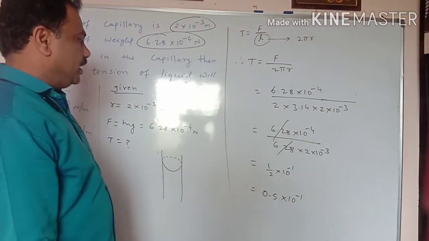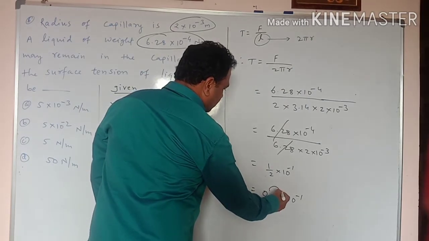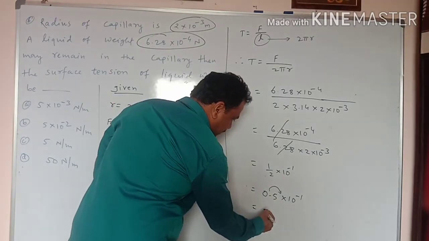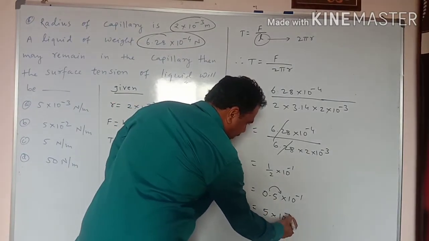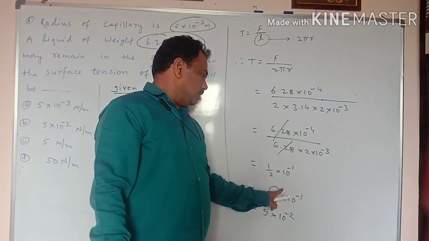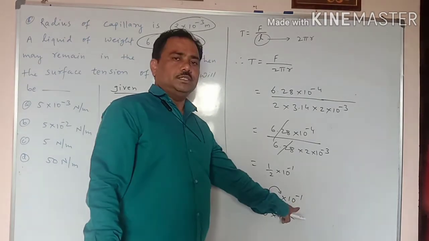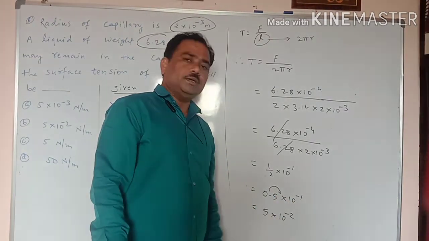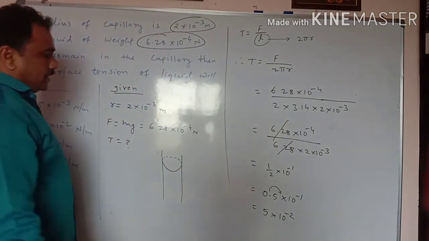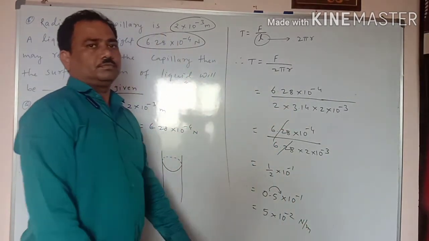So 0.5 into 10 to the power minus 1 indicates that if we shift this decimal point after one digit, we will get 5 into 10 to the power minus 2. Because after one digit we are shifting the decimal point, that is minus 1, and this is minus 1, so minus 1 becomes minus 2. So our second option will be correct here, that is 5 into 10 to the power minus 2 Newton per meter. Got it?